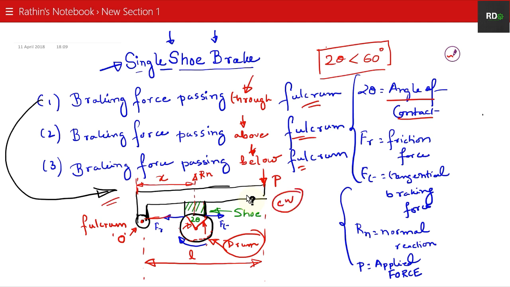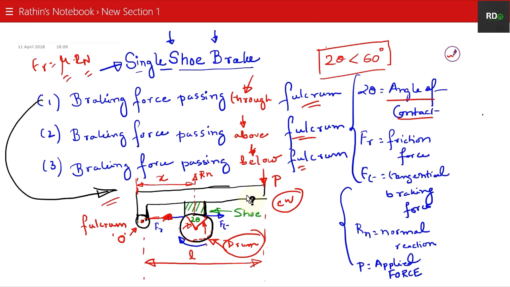This is the FT force, the tangential braking force or brake torque force, and this is the friction force FR. So FR is nothing but mu into Rn, where mu is the coefficient of friction and Rn is the normal reaction.